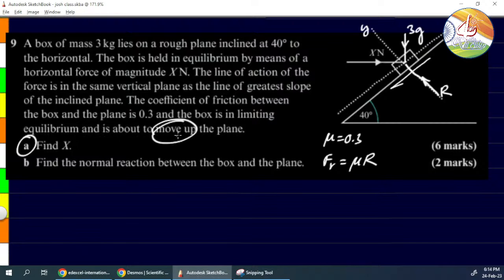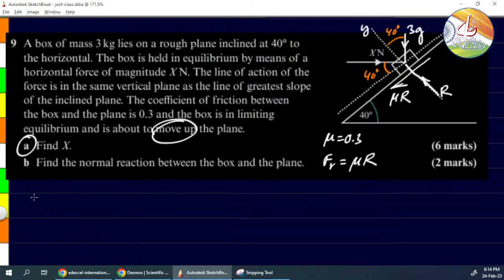He is about to move up the plane. The box is trying to move to the upper side. So friction will be opposite to the upward motion, right? Yes. And this friction will be mu times R. So we have taken all the forces. What about angles? This angle will be 40 degrees. And this angle here will also be 40 degrees.